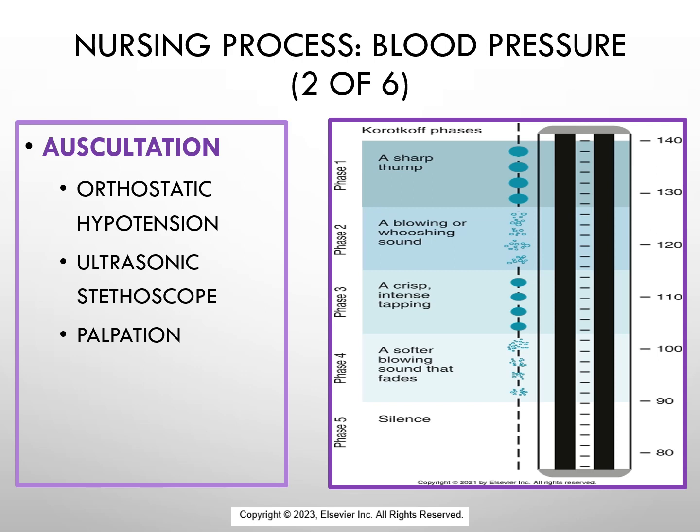So you'll listen when we're practicing in the lab. You'll see what I'm talking about. You hear this loud thump. And then you'll hear like a blowing, and then you'll hear a little tap, tap, tap, tap, and then you'll hear the blowing, and then it stops. Those are the different phases, and that's what they're called, the carotid cuff phases. When we're in lab, we'll practice that, and you'll see what that is all about.